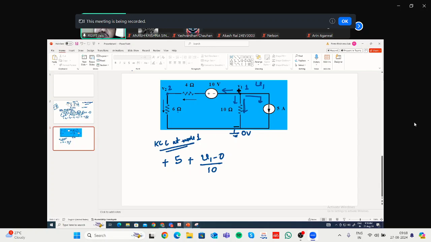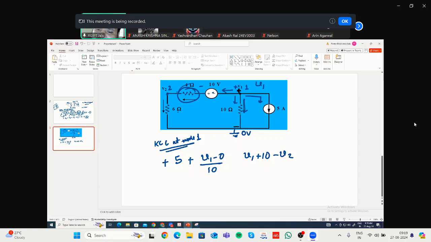Then V1 and this 10 volt source, which is plus-minus, get added, and that will be greater than V2. So what is the net voltage applied across the 4 ohm? On one side it is V1 plus 10, and on the other side of the resistance the potential is V2. The difference between the two sides is V1 plus 10 minus V2.